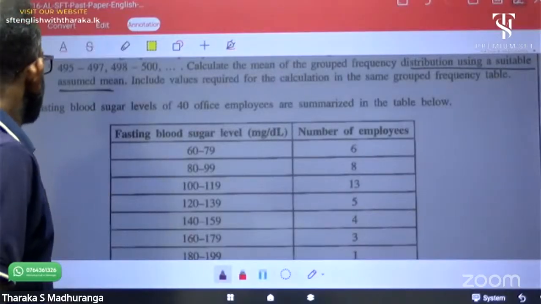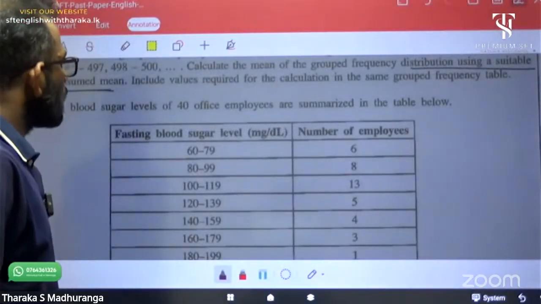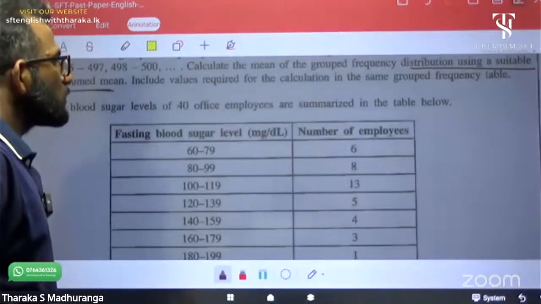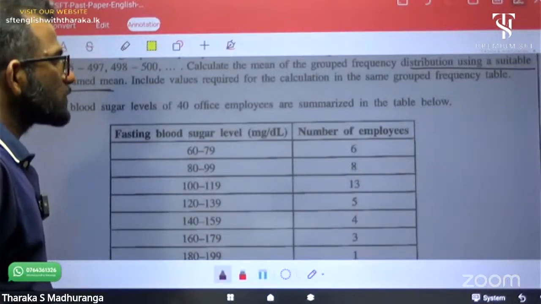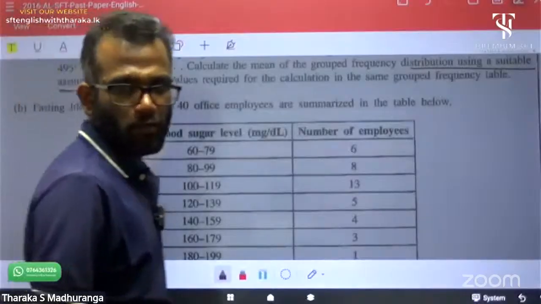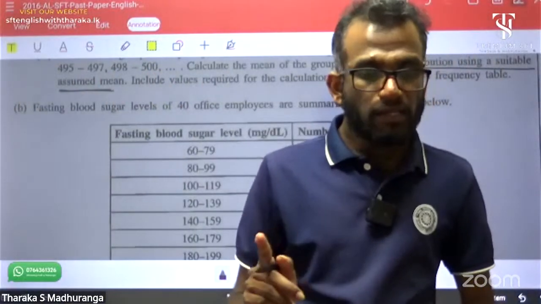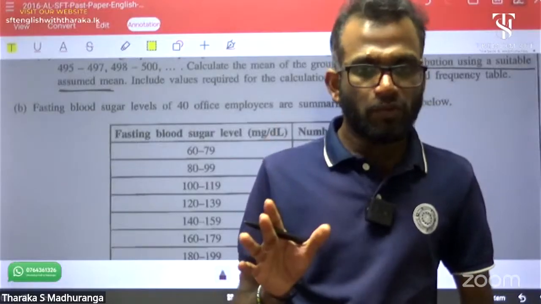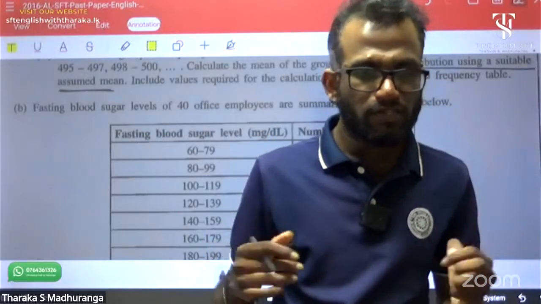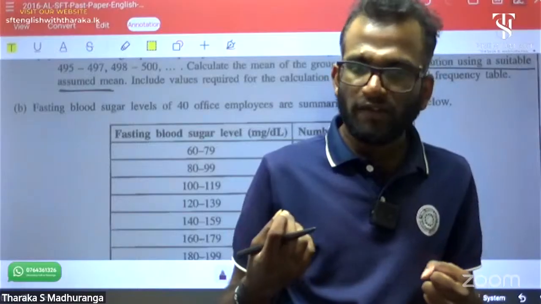Fasting blood sugar level of 40 office employees are summarized in the table below. Before that, now you can understand these statistics questions are very simple. What is the main challenge?